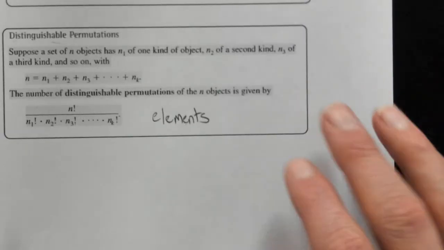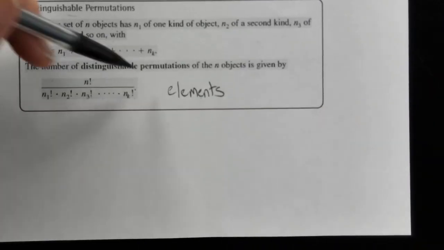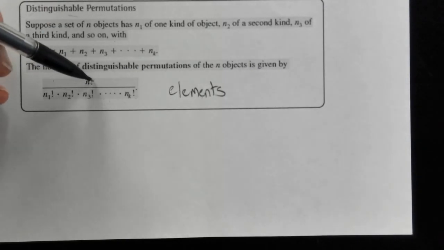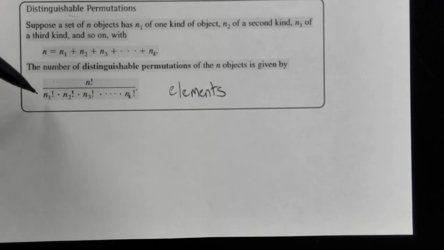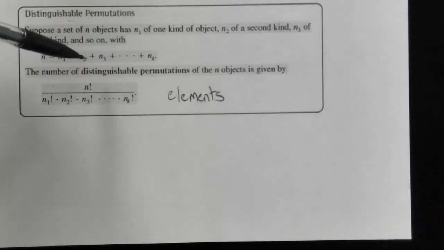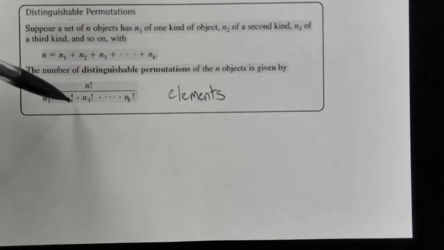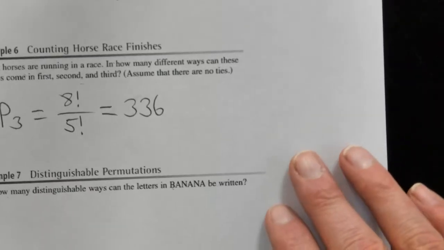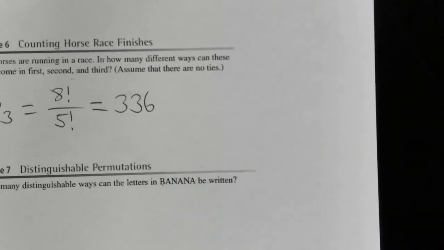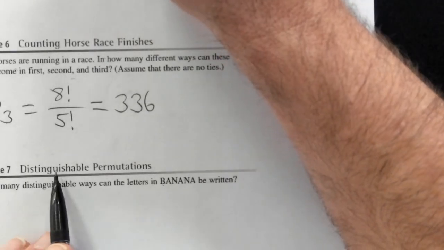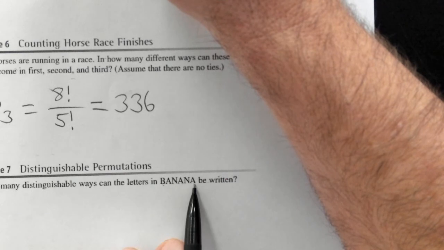Okay, so now remember, the formula for distinguishable permutations is, all right, the total number of objects factorial, over, okay, each one of how many different kinds of objects you have, factorial times each other. So when we're looking at this, the first thing that we need to decide is how many different types of objects that we have. And like I say, the reason why this is important is because I've got like 3 A's here.